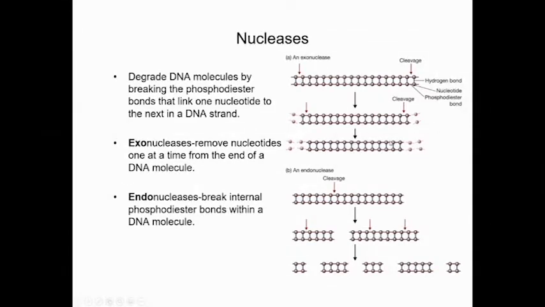Then endonucleases can break the internal phosphodiester bond. Here you can see the sugar phosphate, and this is the phosphodiester bond. They can cleave the phosphodiester bond internally within the DNA molecule.